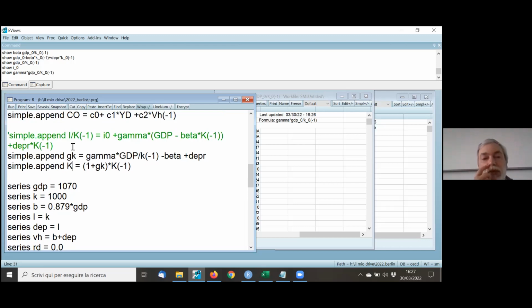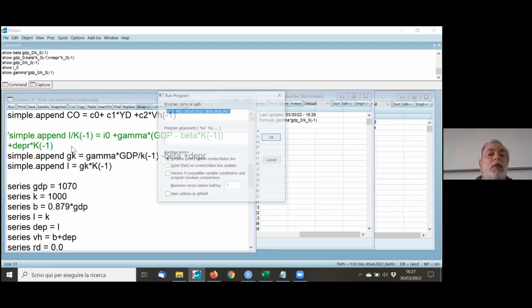So if I want investment, which is the change in the stock of capital, I need to subtract K minus 1 from both sides, which means I get this. So this should be investment. Okay.